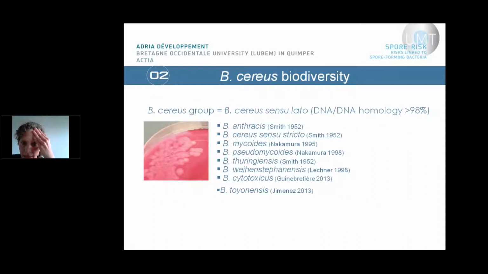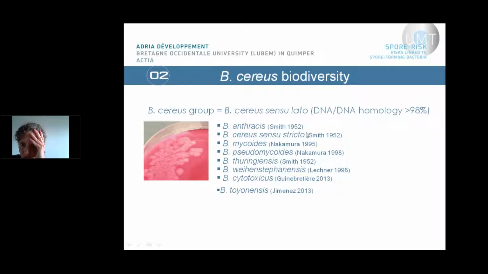The Bacillus cereus group is usually mentioned as a group, presumptive Bacillus cereus group, or Bacillus cereus sensu lato. This is a group of strains which belong to different species, which have been reported in the literature.